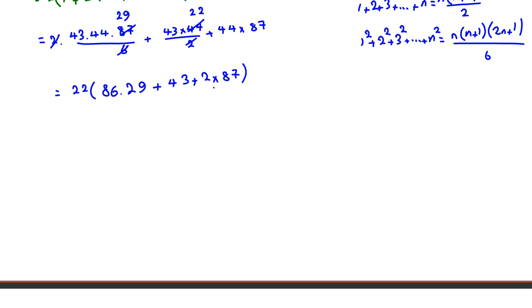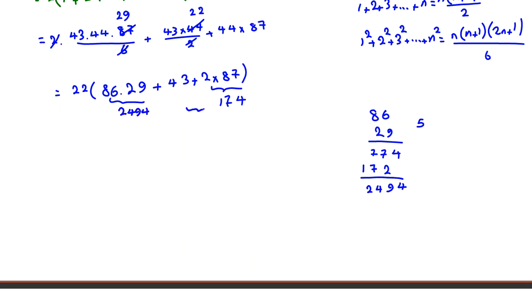Now we should calculate 2 times 87 is 174, this one 43, this one. And also just check, because maybe we had a careless mistake. We don't know the last answer yet. But pay attention to not make a careless mistake. So 86 times 29, you can say 9 times 6, 54. We have 5, 9 times 6, 72, plus 5, 77. 2 times 6, 12. We have 1. 2 times 8, 16, plus 1, 17. So it will be 2494. And then this part.